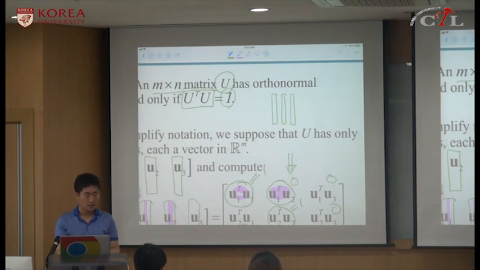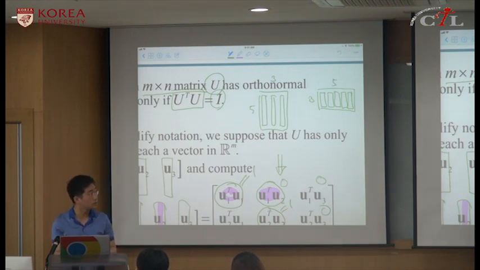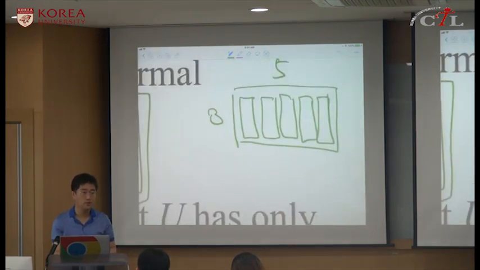This is one example of m and n: it's 5 by 3. Okay, so that is one case. What about the other case? For example, we have 5 column vectors in three-dimensional space, with all these 5 vectors orthogonal to each other and unit vectors.